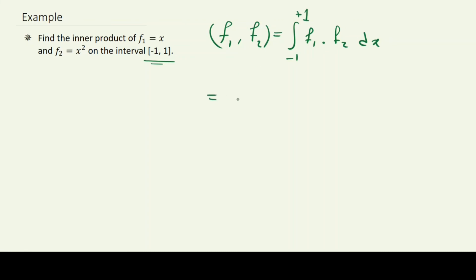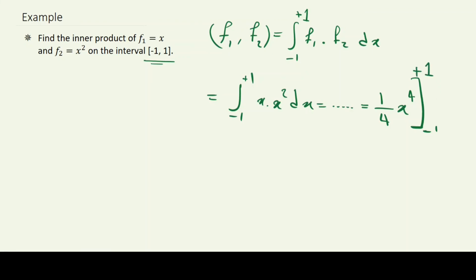If we do that, we get the integral from -1 to 1 of x times x squared dx, and if we do the calculations from the previous example, we end up with 1 over 4 times x to the power 4, but from -1 to 1 because the interval is different now. If we calculate that, we have 1 over 4 times (1 to the power 4 minus (-1) to the power 4).